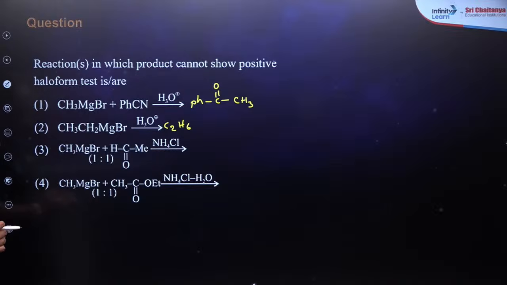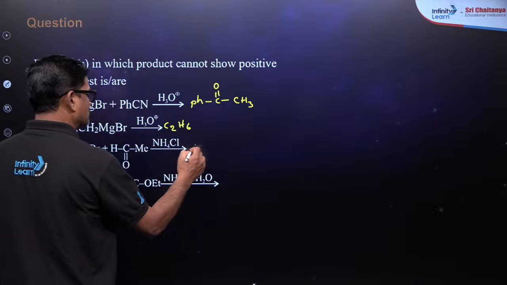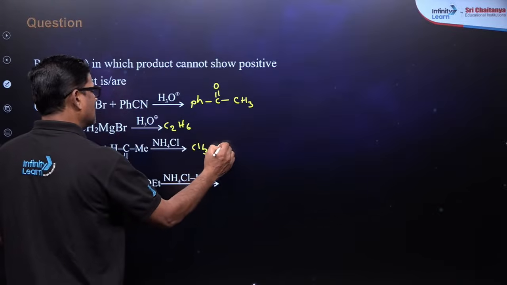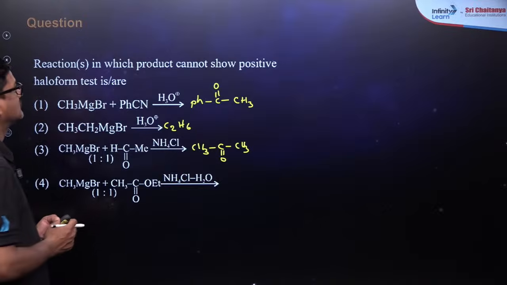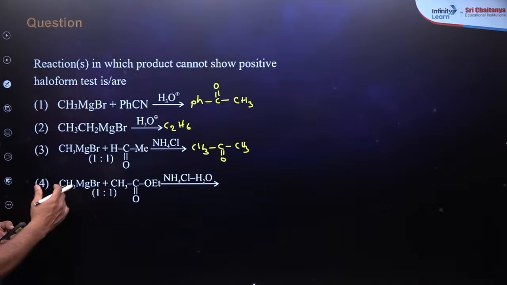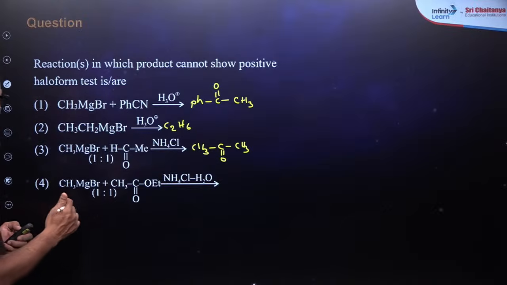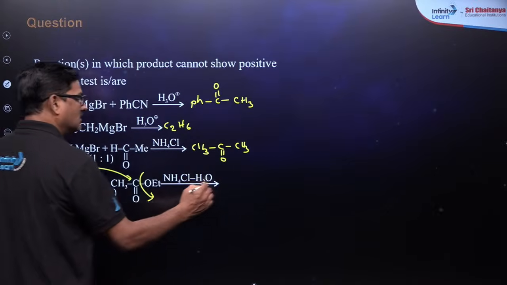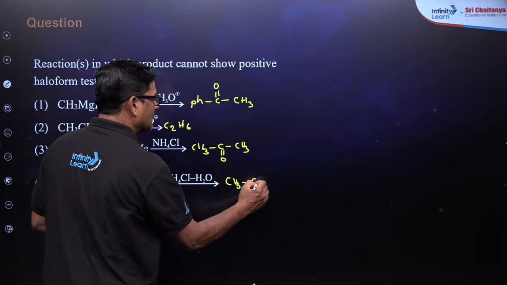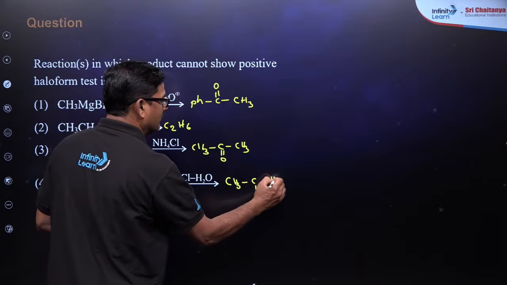And methyl magnesium with acetaldehyde 1:1, you are going to get CH3 C and CH3 double bond O, and it is going to give CH3 C double bond O CH3.